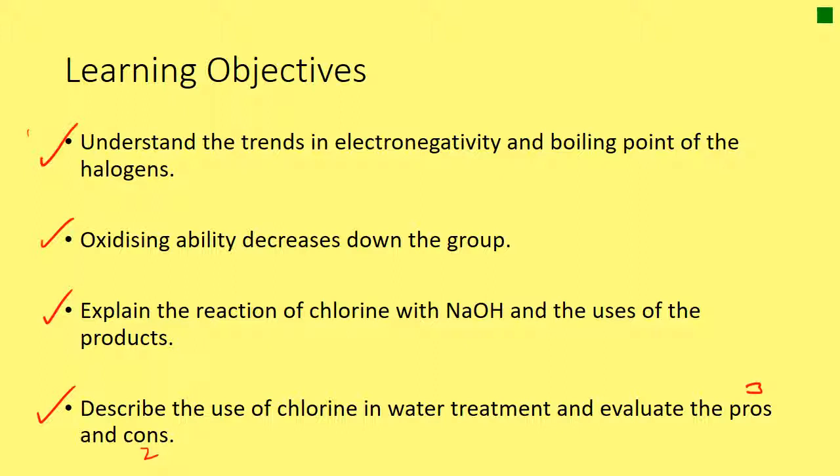And we wanted to explain the reactions of chlorine with sodium hydroxide to make bleach, and also with water, that's in the next learning objective. And we wanted to list out the uses of bleach.